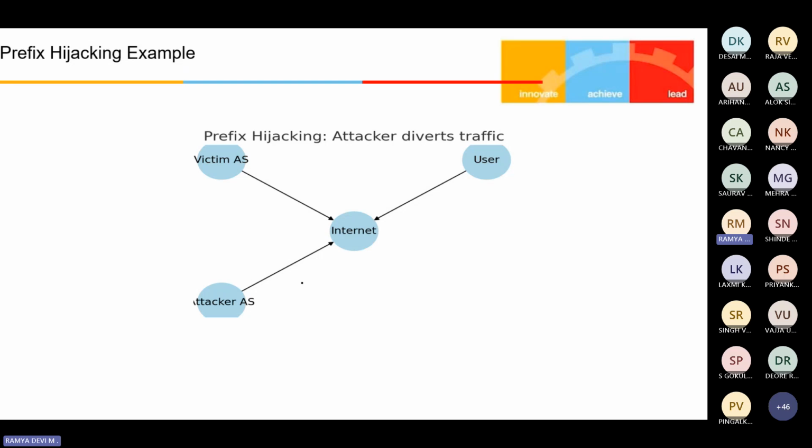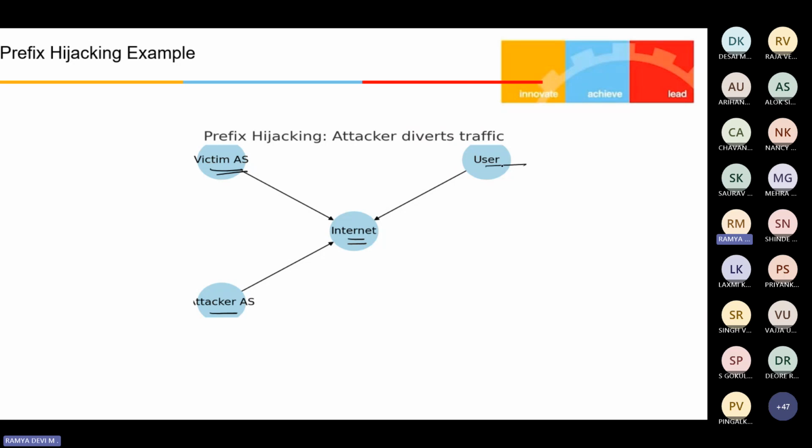So a prefix hijacking example is given here. The victim is legitimately owning the prefix. So there is a user, attacker, and you have the internet. The attacker is trying to falsely announce the same prefix as the victim is having. So there is an internet routing system and there is a user.